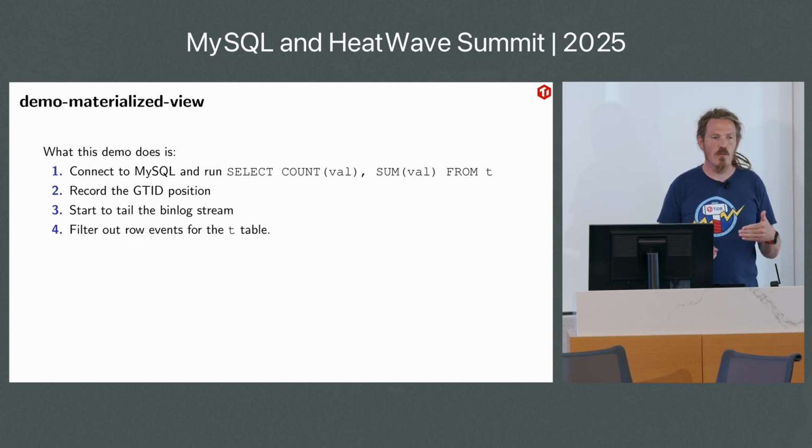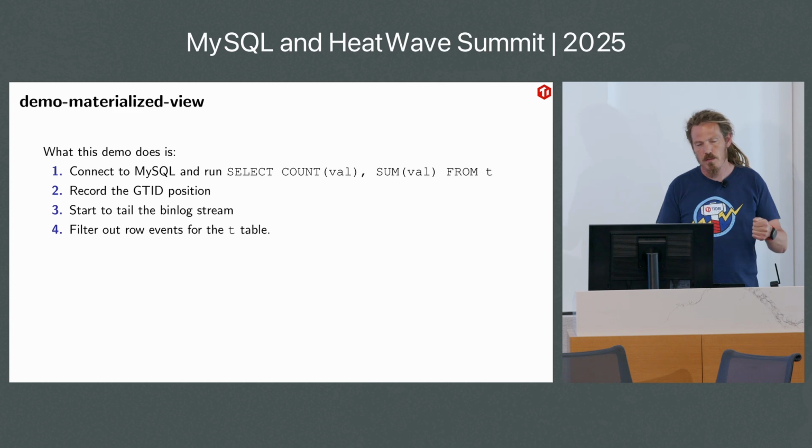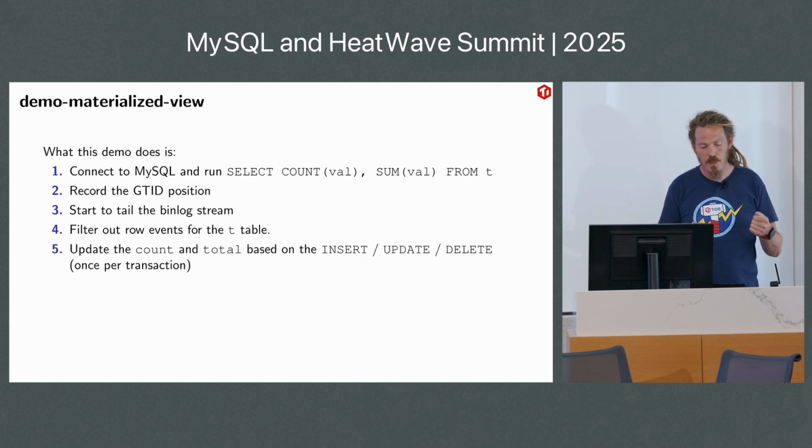Then it filters out events for table T. So if we're inserting anything in table T or deleting, updating, it will use this event, and it will adjust the count and total that it has for this value.